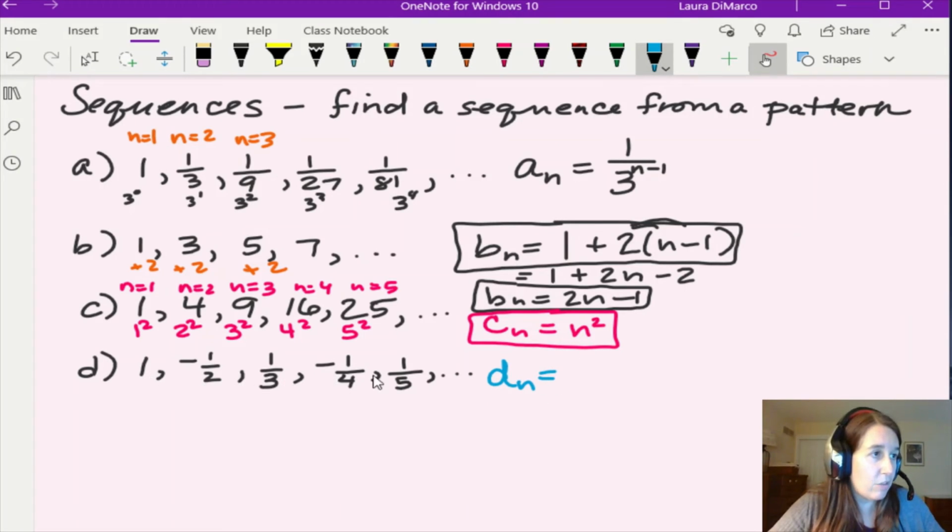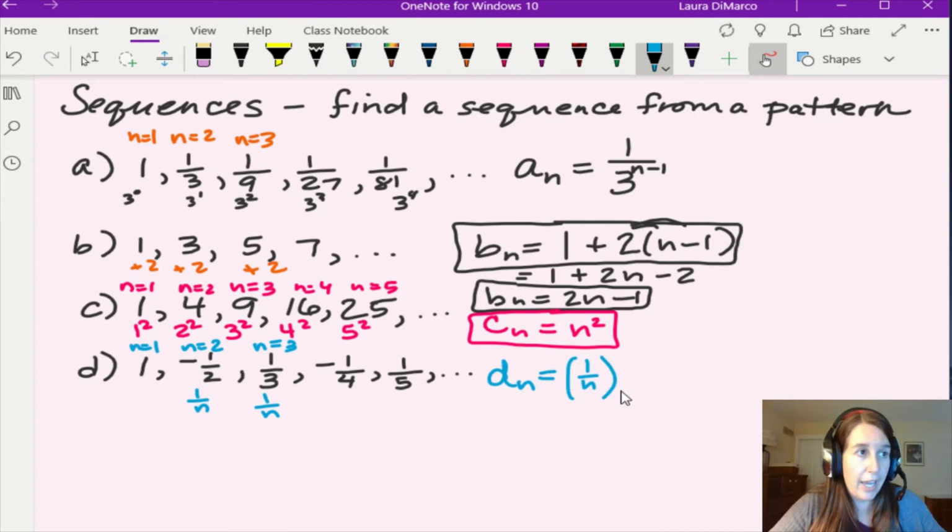First of all, this is like 1 over n, isn't it? 1 over 2, 1 over 3, because this is n equals 1, this is n equals 2, and we have 1/2 here. This is n equals 3, and we have 1/3. So I definitely want to have 1 over n in my answer, because that's where I'm getting the fraction part.